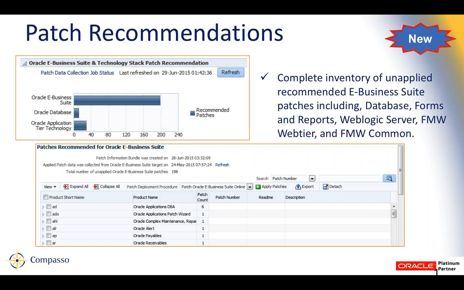That means instead of just getting patch recommendations for eBusiness Suite, you're now getting patch recommendations for the underlying database, for the application tier, right? For the WebLogic tier. And so you're able to create these patch recommendation reports where you're able to see exactly what's going on.